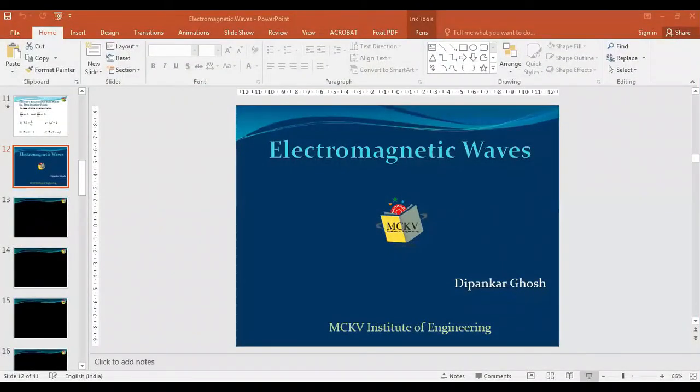So here I will use electric field to be represented by E and magnetic field to be represented by H instead of B, because I am talking about intensity of the fields. That means electric field intensity and magnetic field intensity. And electric field intensity is written as E and magnetic field intensity is written as H. So I'm using intensities. So this is our second equation.